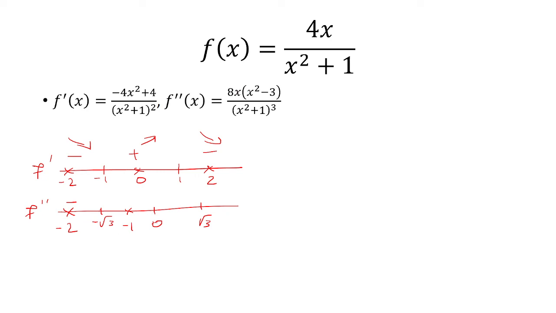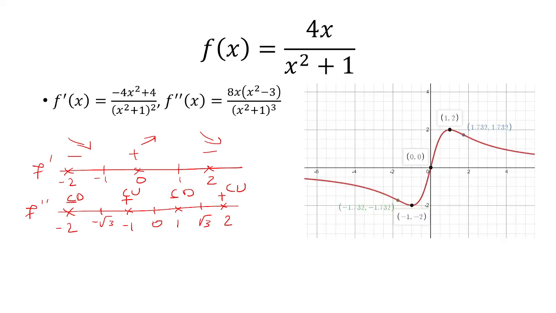We have negative 8 times negative 2, that's positive. And then plug in 1, we have 8 times negative 2, that's negative. And then let's say pick 2. Okay, that's all positive. So second derivative being negative means concave down, concave up, concave down, concave up.